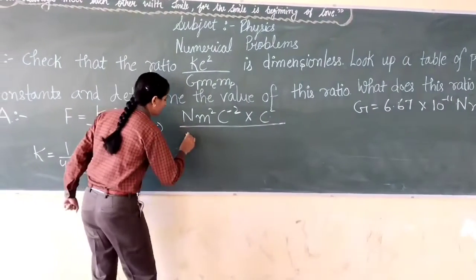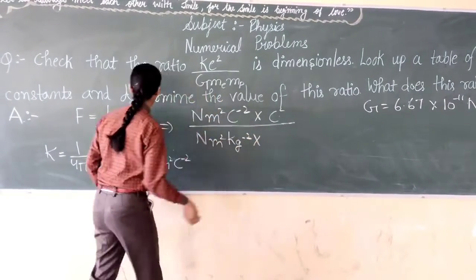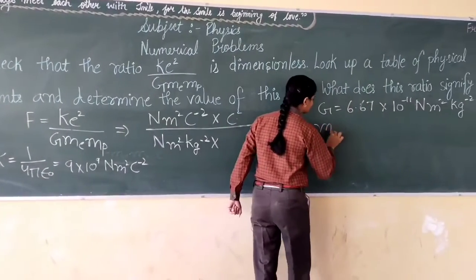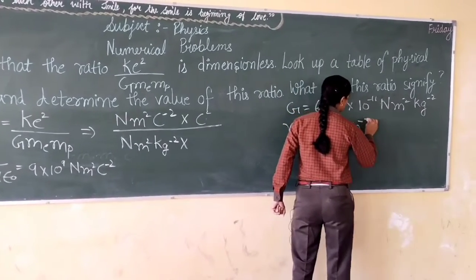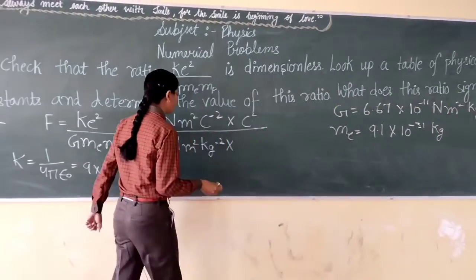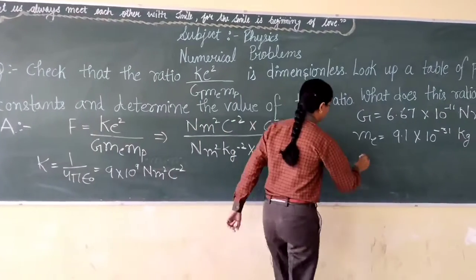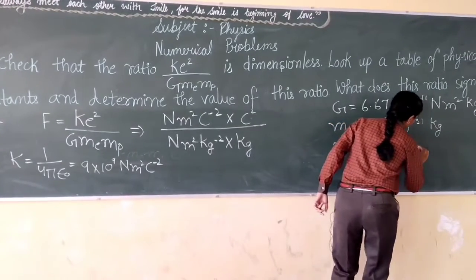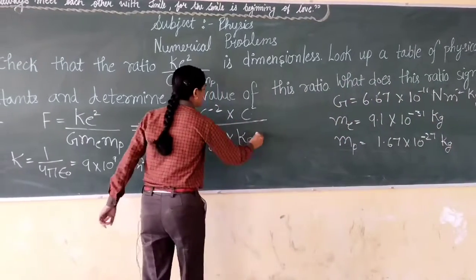Putting the SI unit here, Newton meter square per kilogram square into mass of electron ME, which is equal to 9.1 into 10 raised to power minus 31 kg. Similarly, mass of proton MP is equal to 1.67 into 10 raised to power minus 27 kg. Putting this here, we will get kg.